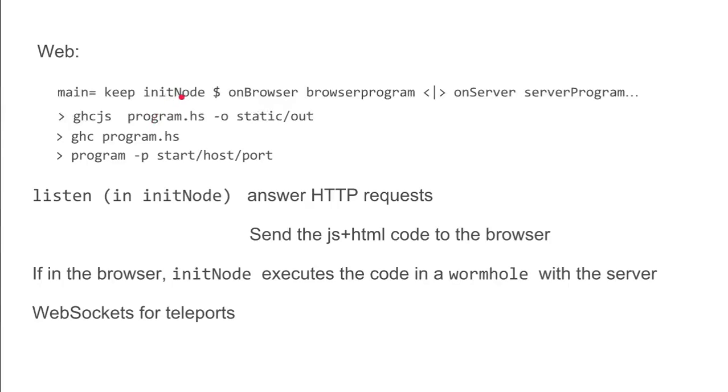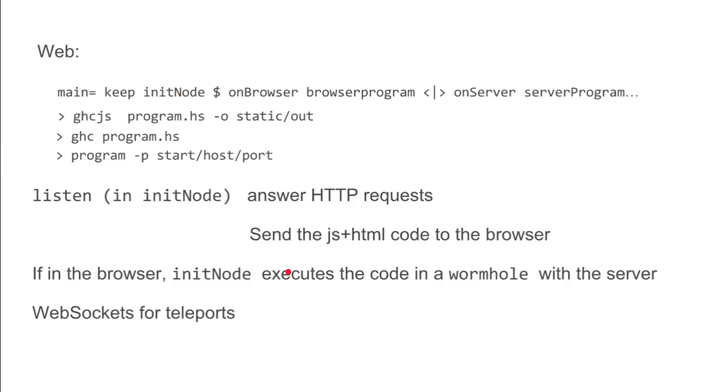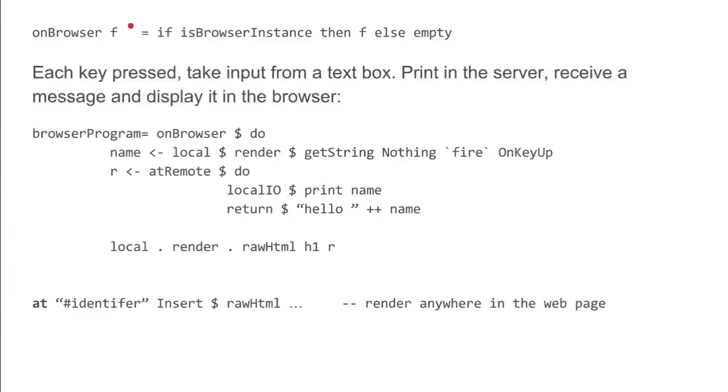So what it does is execute init node, which in the browser sends a WebSocket, a wormhole, to the server, opening a WebSocket. So this browser program will be executed within a wormhole with the server. You can look at how on browser is defined.